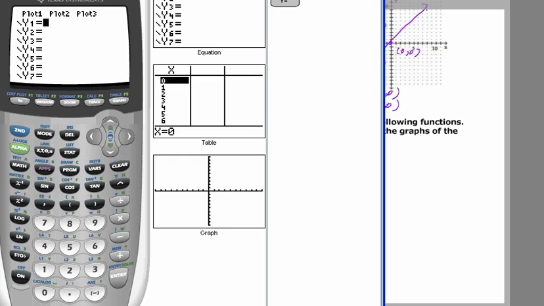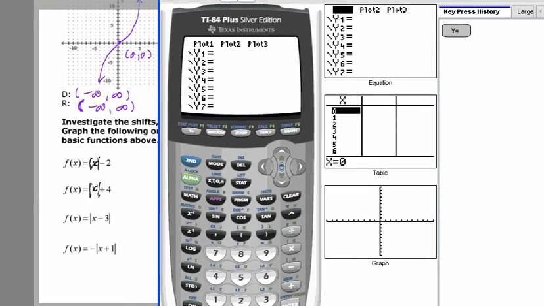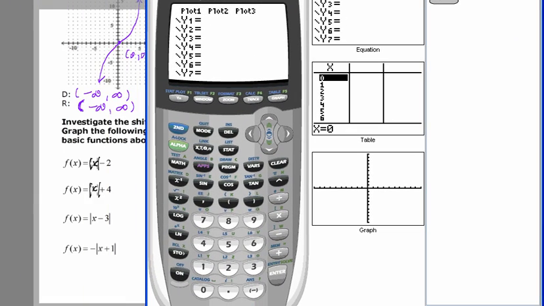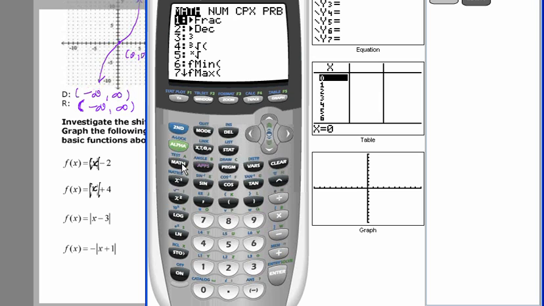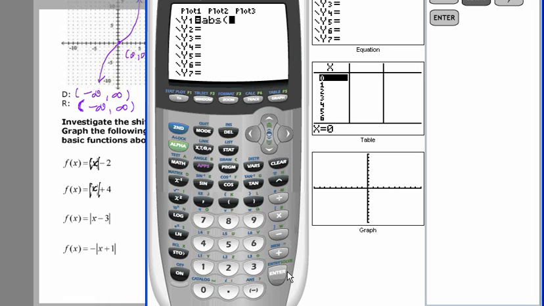The one I wanted to put in was absolute value of x minus 2. Well, the absolute value is tricky to find, but once you find it, these notes are on the note sheet, you'll be able to find it often. But we'll go to math, and we'll go over to NUM, and it is the first feature there, ABS. That's where we'll find our absolute value.